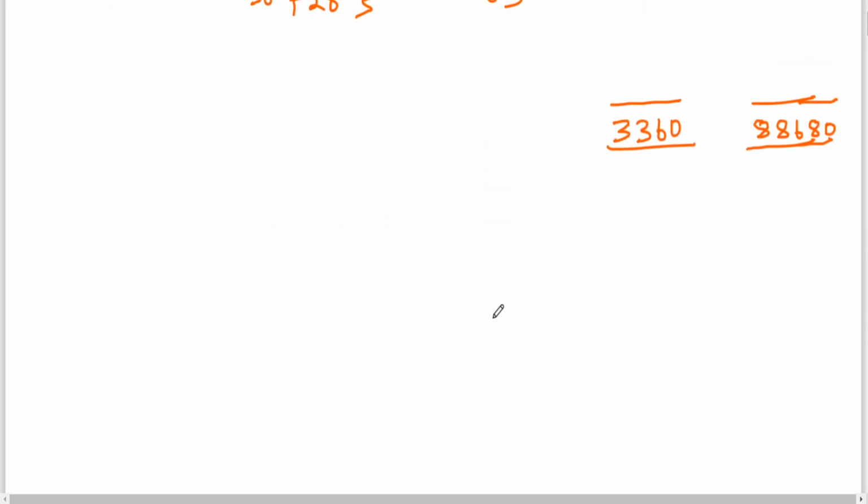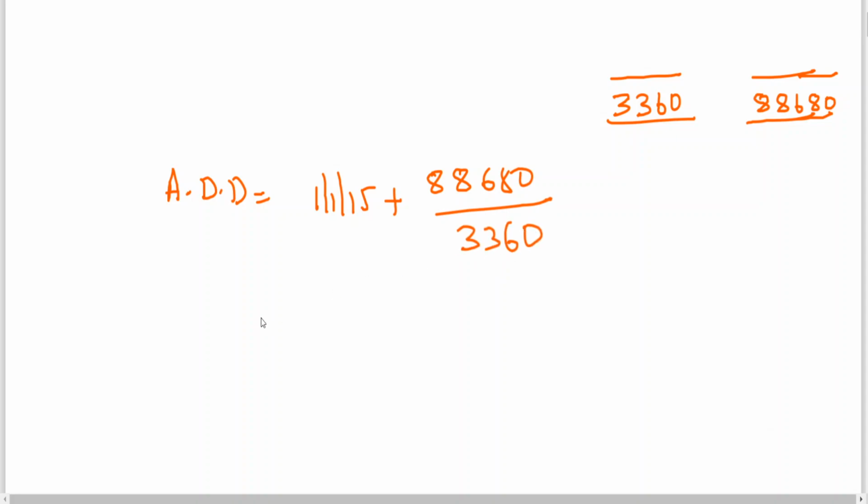Now we need to calculate the average due date. Base date 1st January 15 plus total product 88,680 by total amount 3,360. 88,680 by 3,360, you are getting 26.39, so this is approximately 26 days.